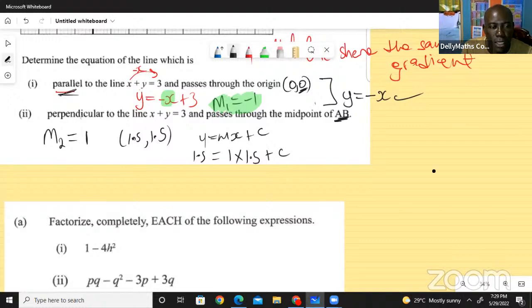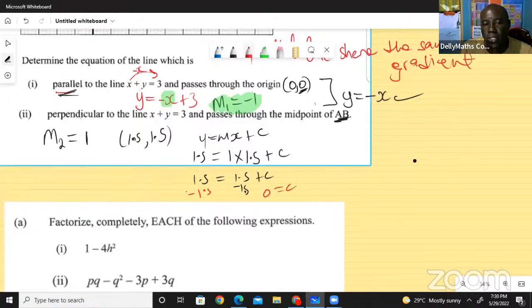So 1.5 is equal to 1.5 plus c. You could see that subtracting 1.5 from both sides will land us a 0. So 0 is equal to c.